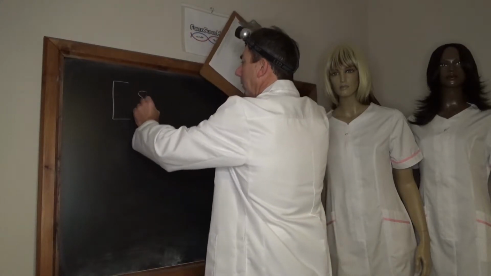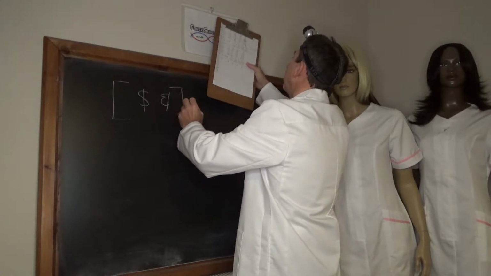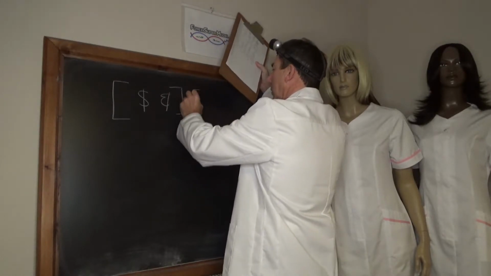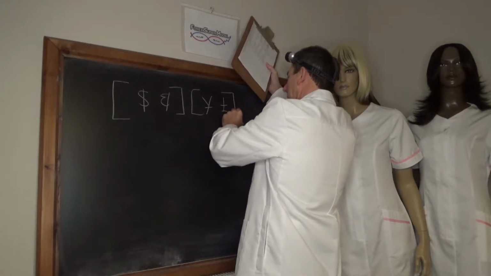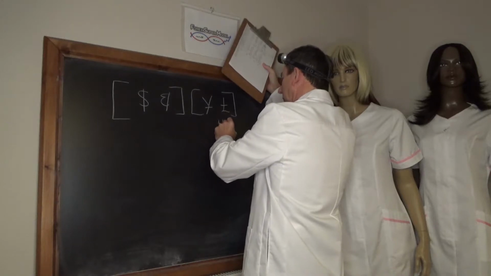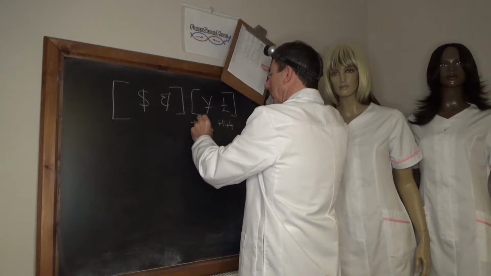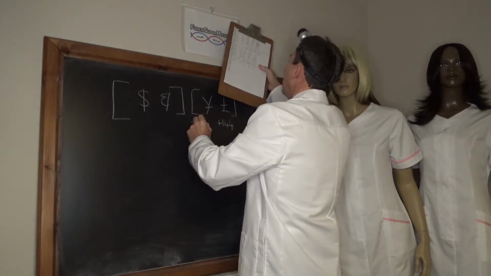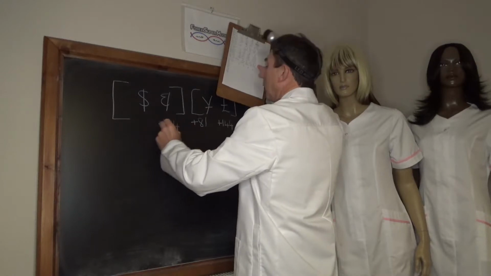Dollar and euro on the negative, yen and pound on the positive. The pound was plus 144, yen plus 81, euro minus 44, and the dollar minus 181.